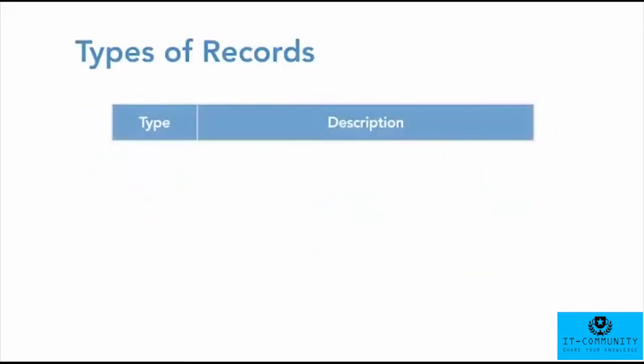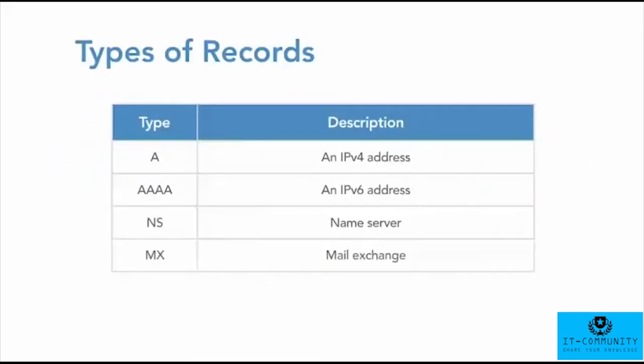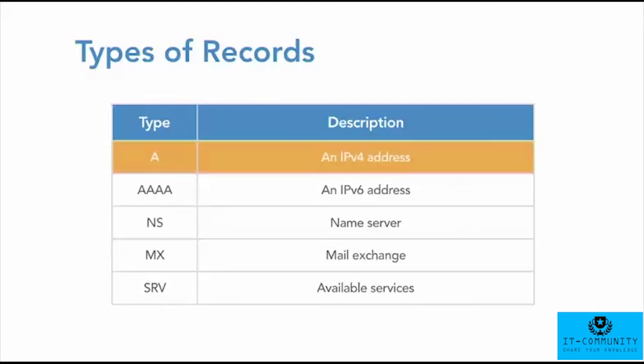With DNS, there are a number of different types of resource records. These resource records are used to specify a resource type and an IP address to locate the resource. Some commonly seen records are a Type A record, which is used for an IP version 4 address.